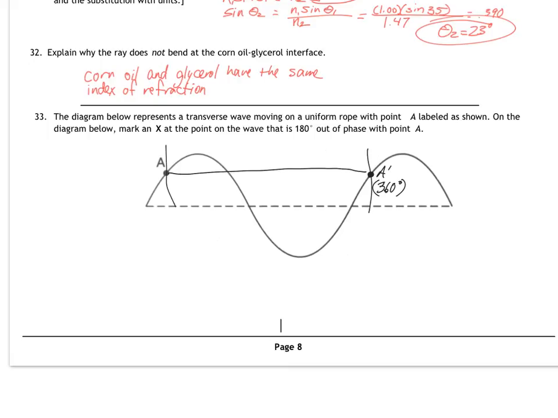And now I can see that half of that is going to be the answer. So it's going to be like right around here. And I will just mark it in red. And we will have to label it point X. And that's going to be 180 degrees out of phase with point A.